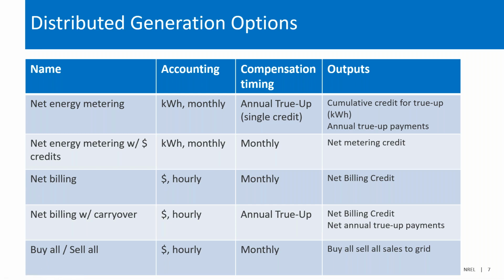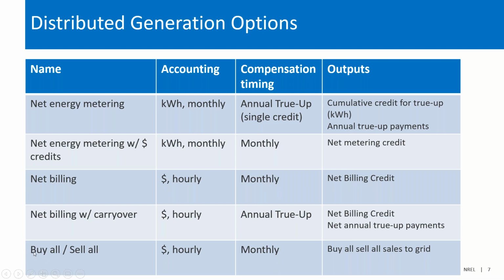If there's net import from the grid on a time step, then we'll apply the buy rate to that time step, and that occurs on a time step basis, but the default is hourly. Net billing applies that compensation on a monthly basis, and then net billing with carryover uses that same annual true-up convention from net metering. We'll get into some examples that make the difference between these a little bit more clear.